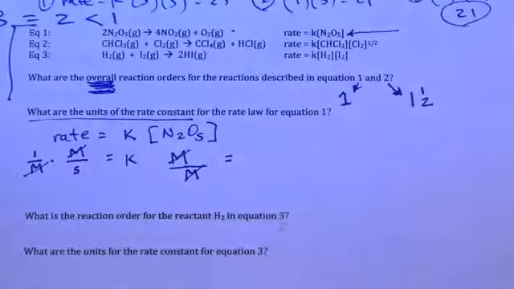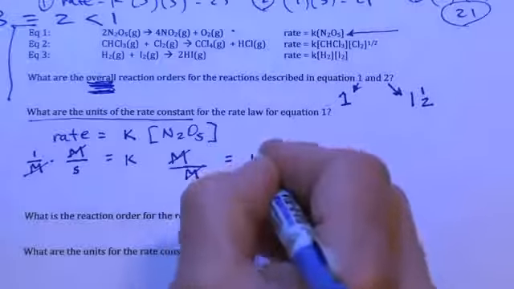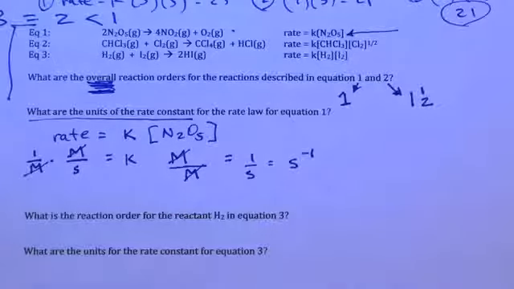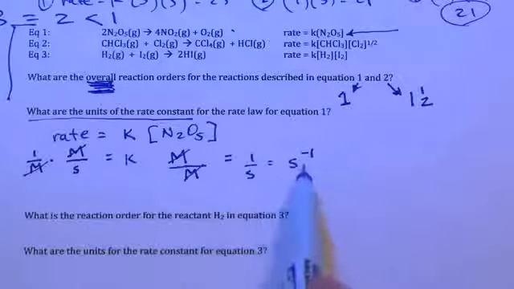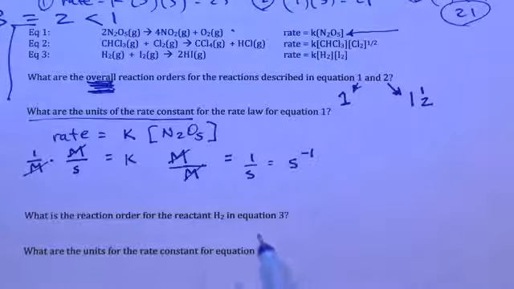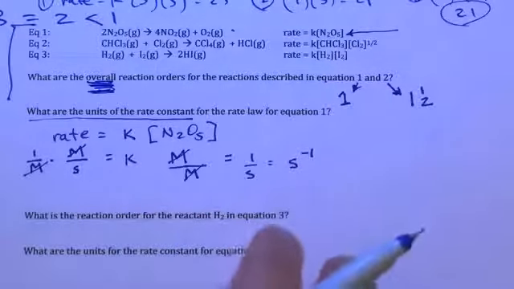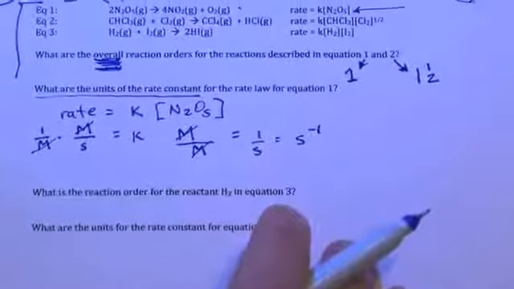And like I said before, the book in this chapter really likes to use negative exponents, so you can write it as either 1 over s or as s to the negative 1 power. And so K would be in units of per time, or 1 over seconds, since we chose seconds as our time. Determining the units for the rate constant is a really popular question on a test coming near you in May.